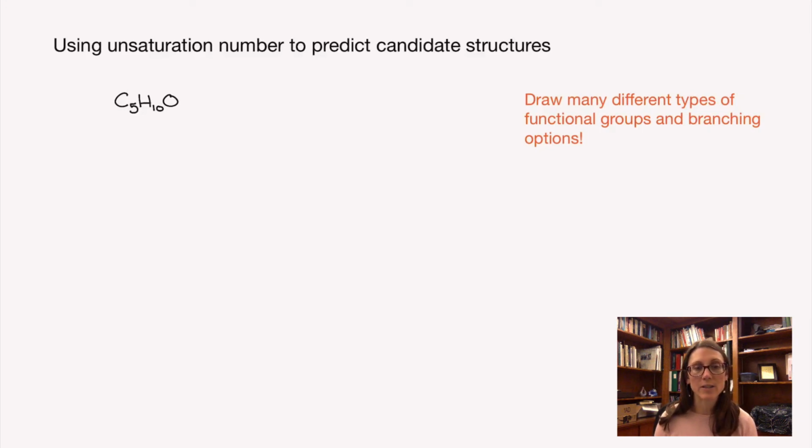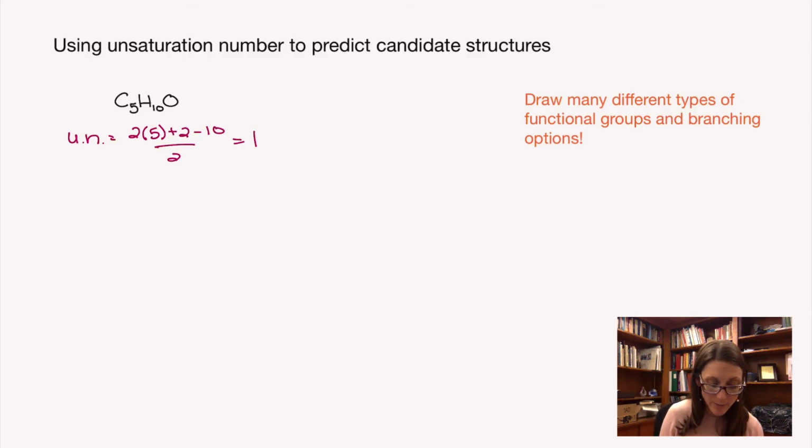So let's take a look at this molecule, C5H10O. The unsaturation number for this molecule is 1. So in this molecule, there are 5 carbons, 10 hydrogens, 1 oxygen, and either a pi bond or a ring. So your task is going to be to draw different types of candidate structures, so different molecules that fit these parameters. The simplest possibility, perhaps, might be all 5 carbons in a row, your alcohol hanging off, and a double bond somewhere.